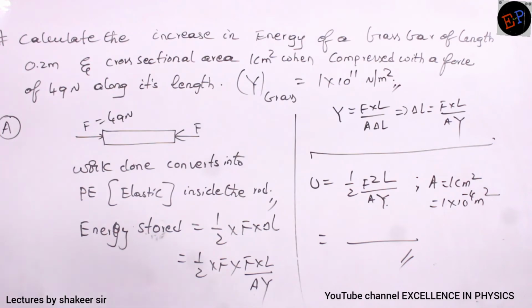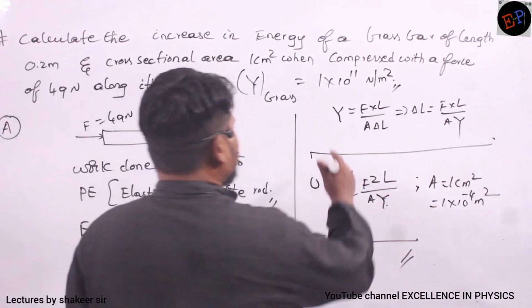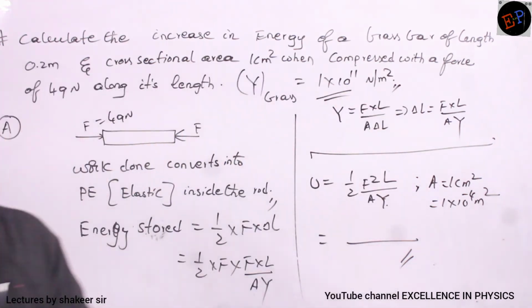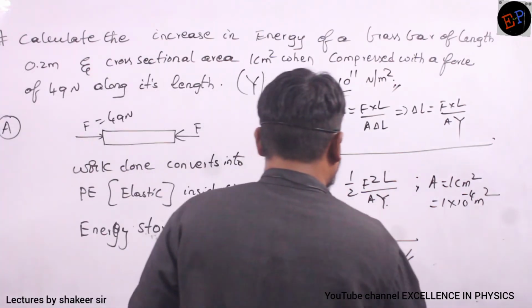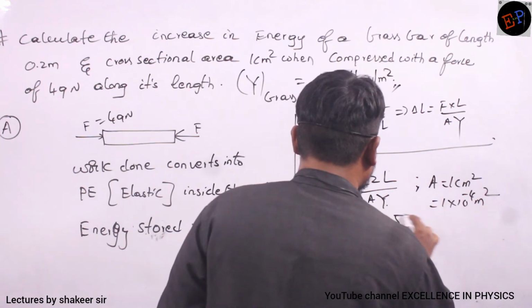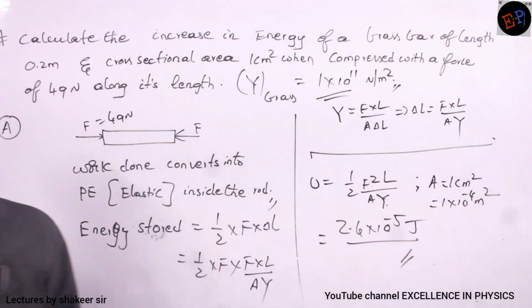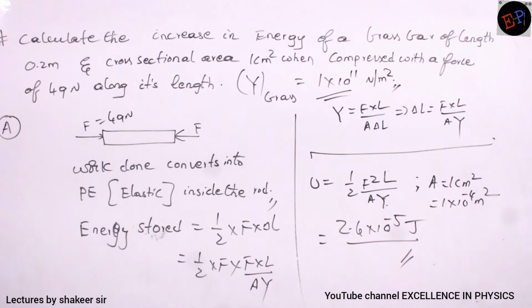Young's modulus is already given. Substitute all the values, and the answer which I will get is 2.24 into 10 power minus 5 joules. That is the amount of energy stored in the rod.